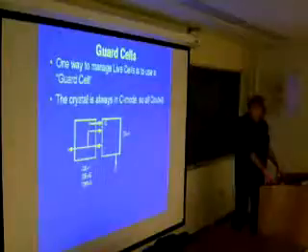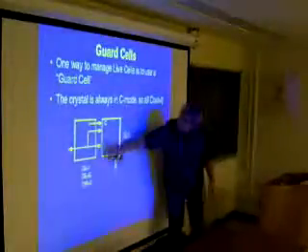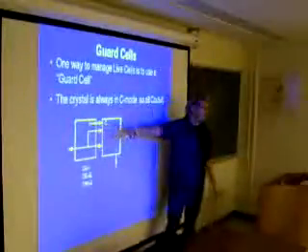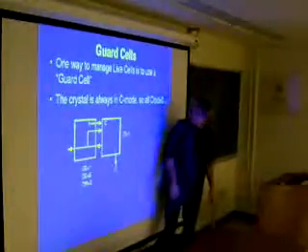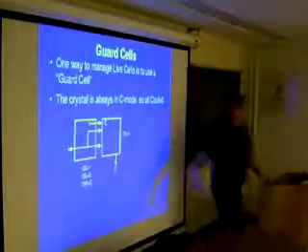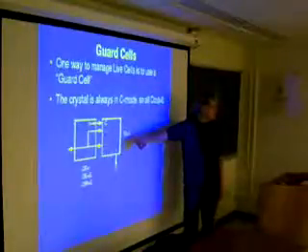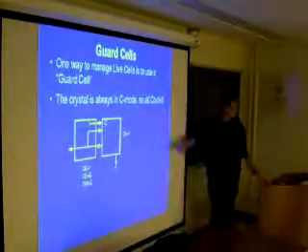So one way to do this is with something called a guard cell. This is basically the same circuit as before, except we always put a 1 into the C input over here. And so this crystal, which normally would put a 1 out to its control south, well, it's not going to because this is going to be in C mode. And a C mode cell does not assert any of its C outputs.